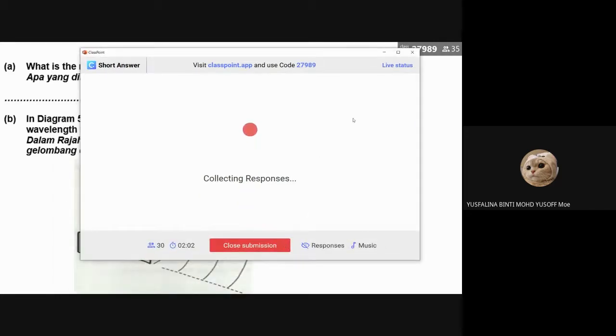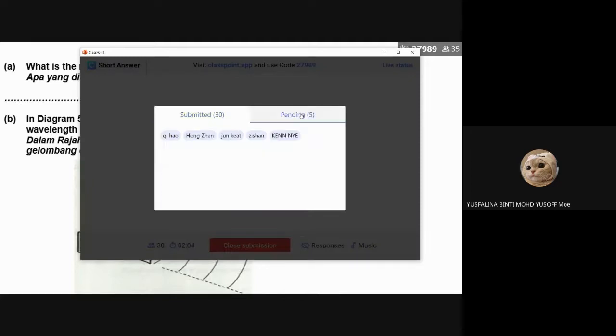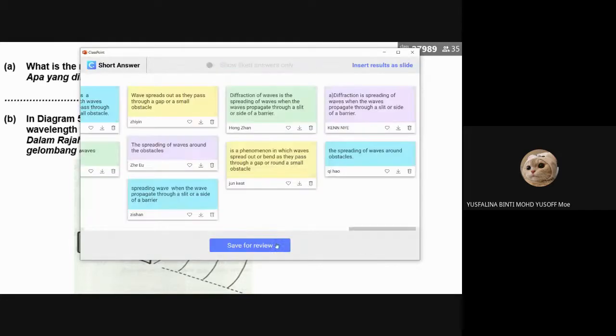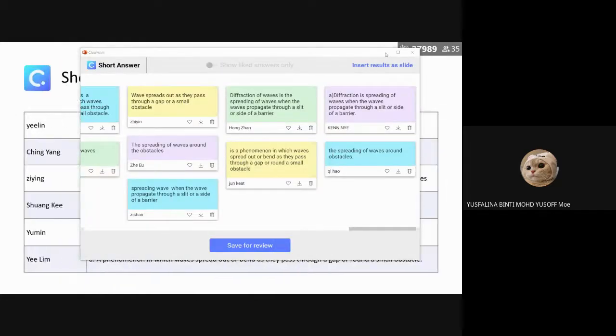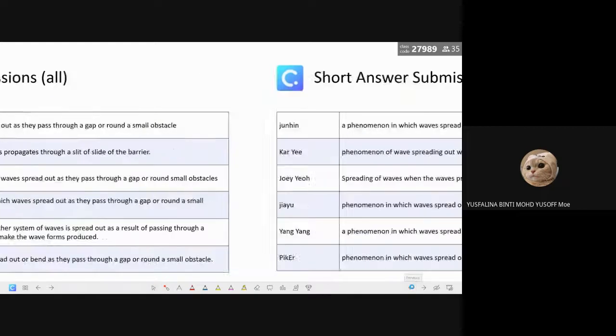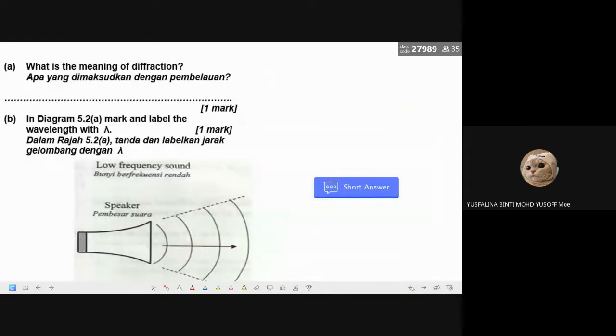Okay, 5 more. So what does it mean by diffraction?